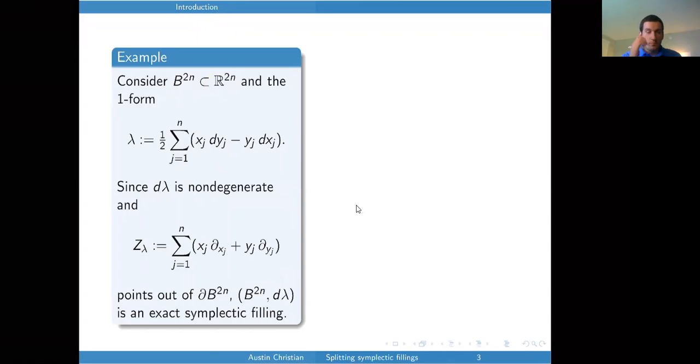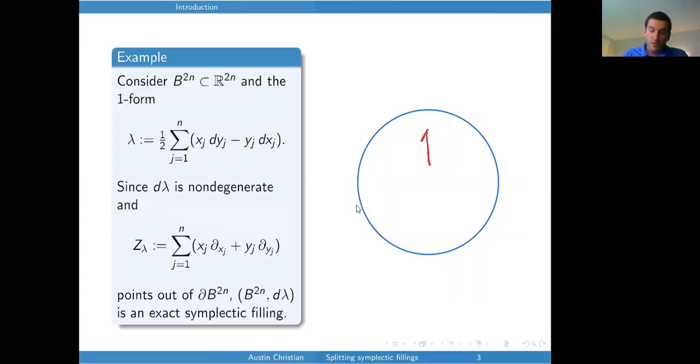So that means this ball is a symplectic manifold with boundary. There's then a pretty easy computation to show that with this symplectic potential, the Liouville vector field will be this radial vector field here. And that's going to point transversely out of the boundary, giving us an exact symplectic filling. So in 2 dimensions, we have the very boring picture of a disk with some sort of radial Liouville vector field.